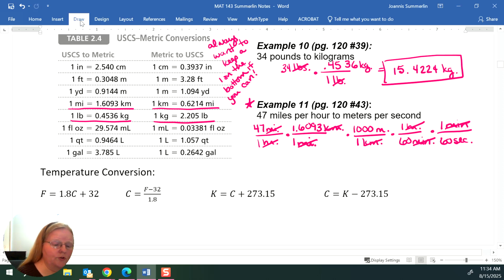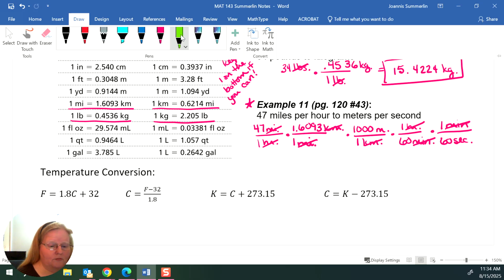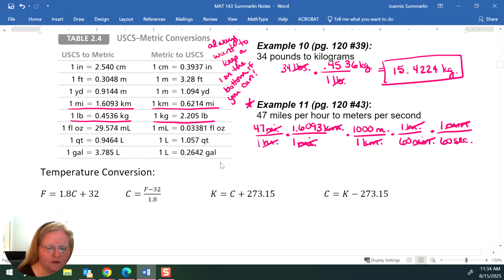So when I go to do my calculation, write it down because this is a lot. 47 times the 1.6093 times the 1,000 times 1 times 1. Divide, enter. Divided by, I can skip over these ones because it's not going to change my value. Divided by 60, enter.